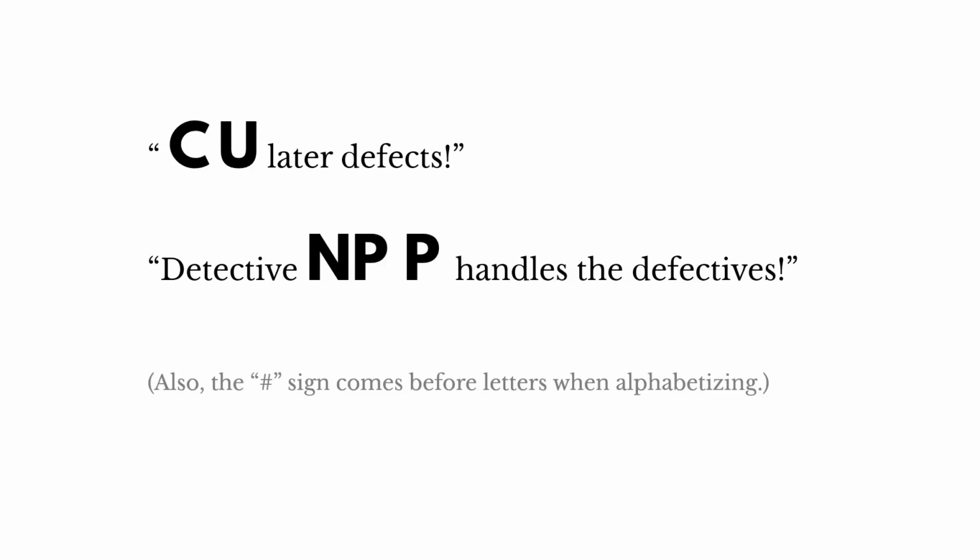So you could say CU later defects. So C and U deal with defects. And NP and P deal with defectives. So you could say detective NP P handles the defectives. So CU later defects deal with defects. And then detective NP P handles the defectives. Those 2 charts deal with defective units.